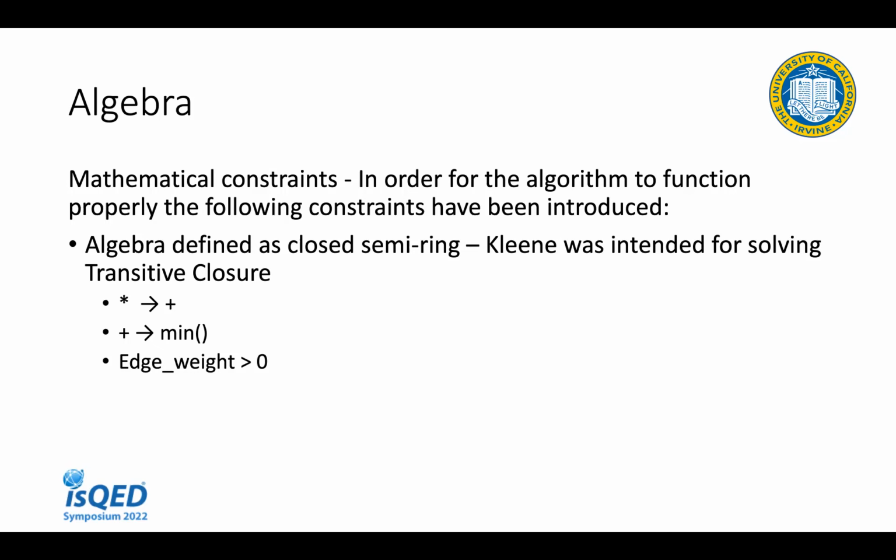And so we need to define our all pair shortest path problem as a transitive closure problem. That means changing the algebra to a closed semi-ring, and this implies changing all the multiplication operations to additions and all the additions to minimizing operations.